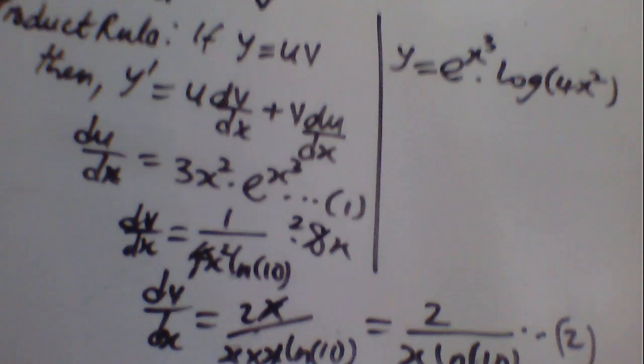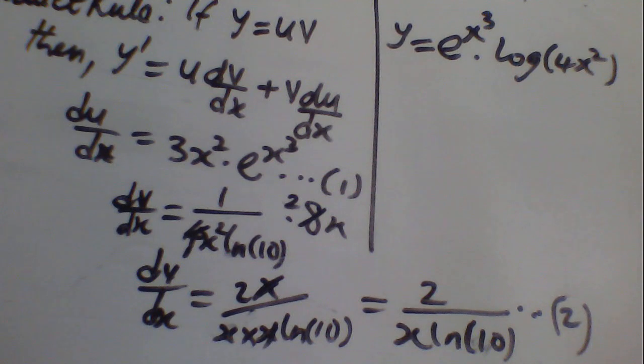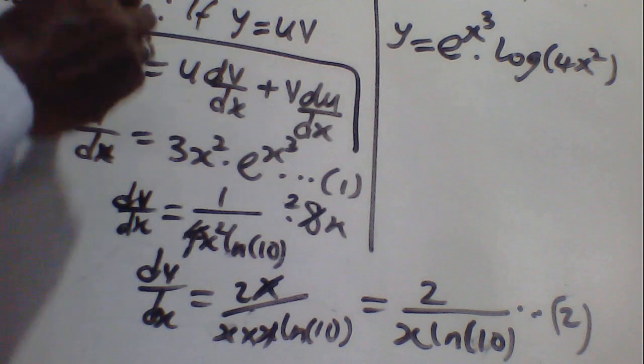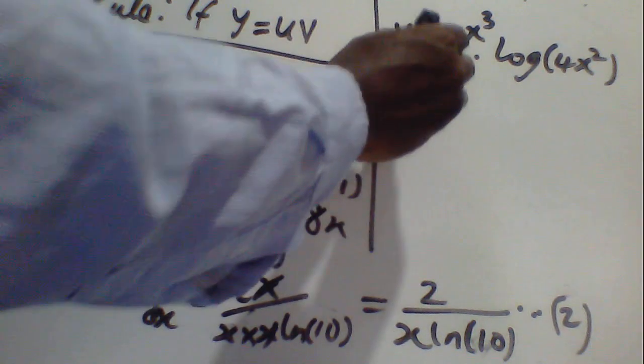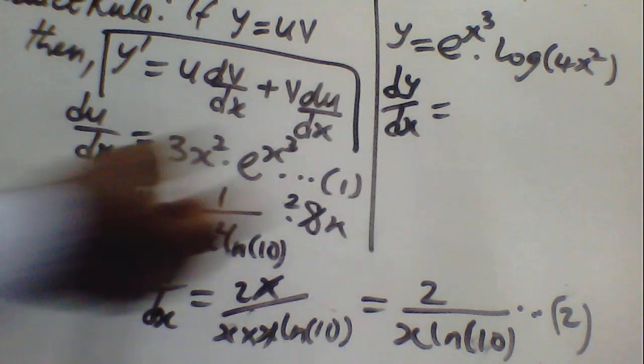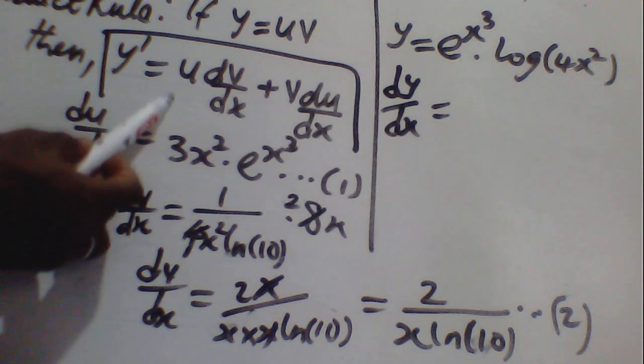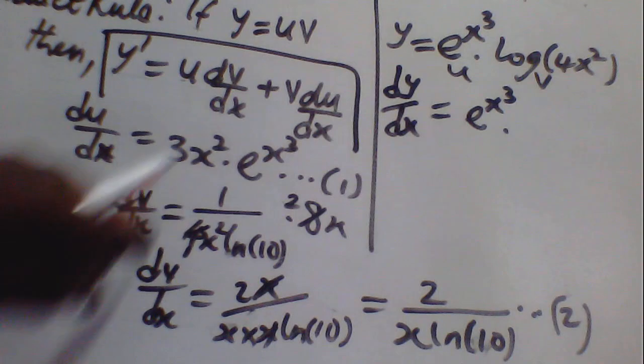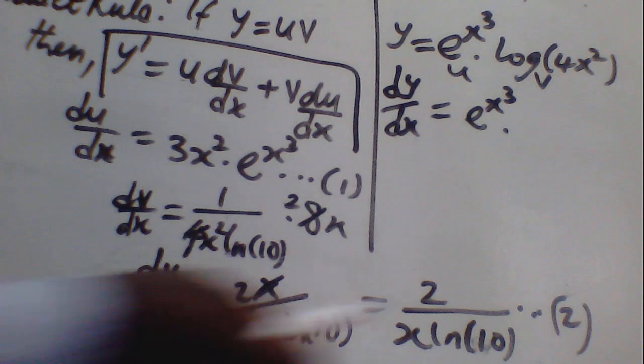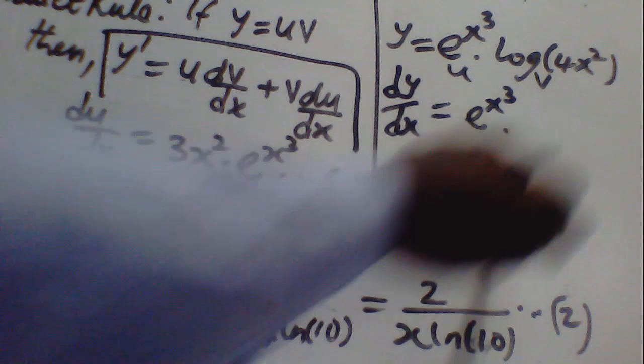So before you continue, once you arrive at this, we have equation 1 and equation 2, and then applying this product rule, we have that dy over dx is equals to u, and u is equals to, because say that this is u and this is v, and u is equals to e raised to power s raised to power 3 multiplying what? dv dx. dv dx is equals to 2 over s ln 10.